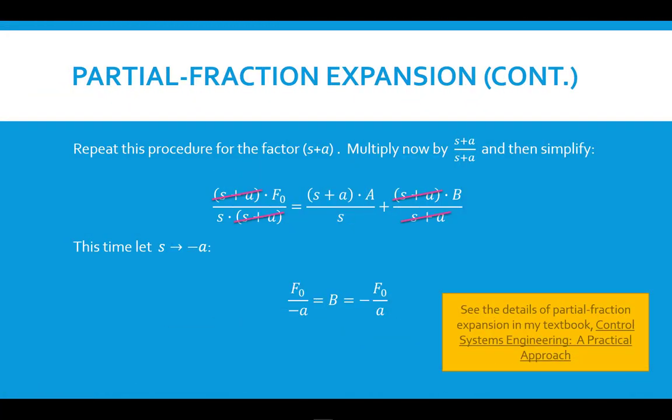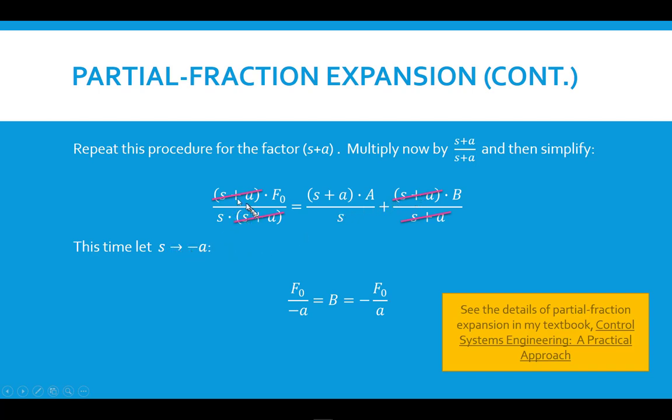We repeat this procedure for the other component in that sum. Again, I'm not going to go into the details; I'll produce a video at some point on partial fraction expansion, but I don't want to get bogged down in the details at this point.